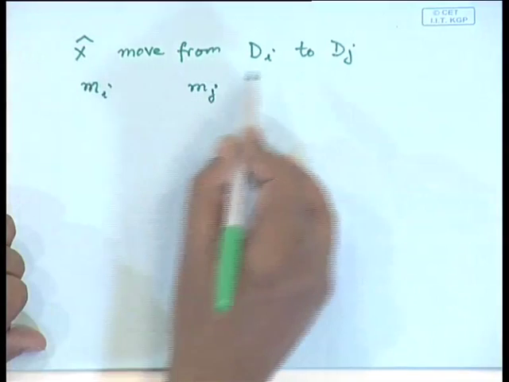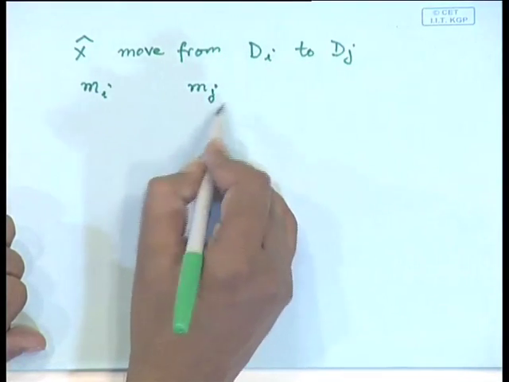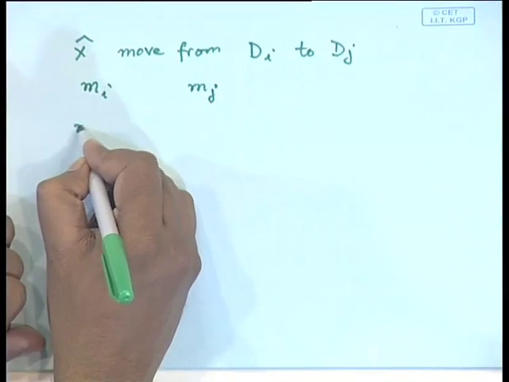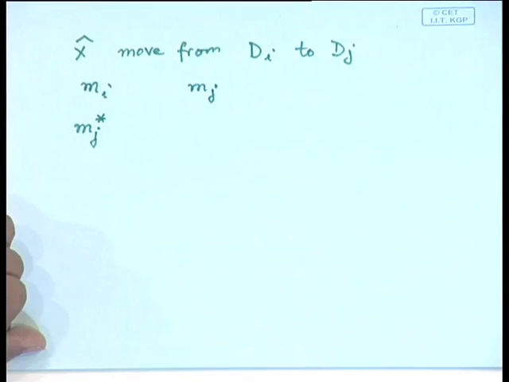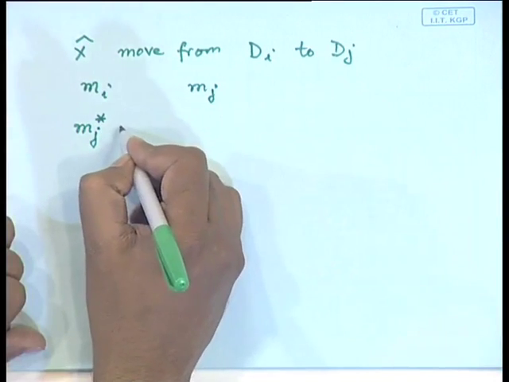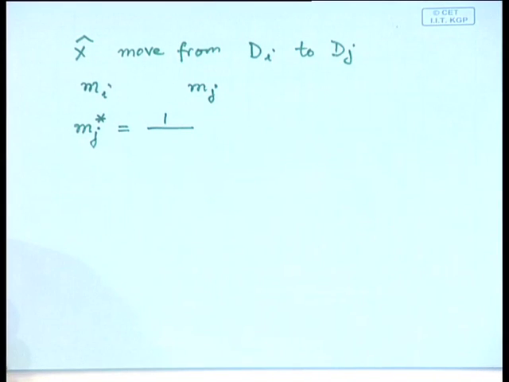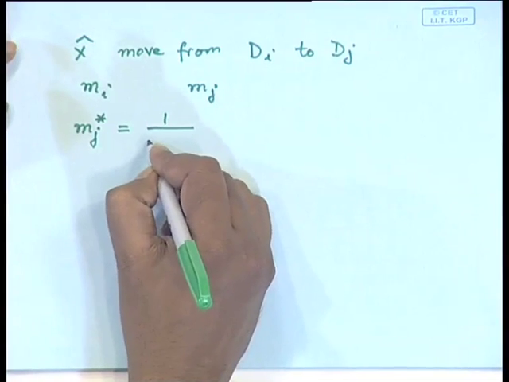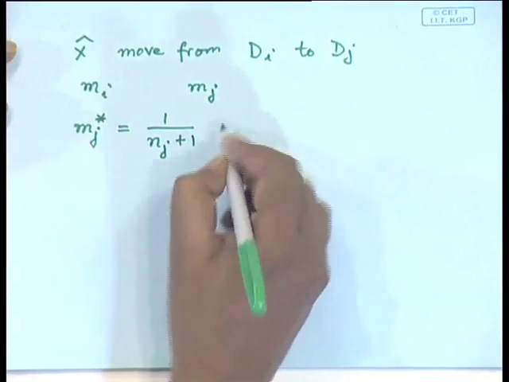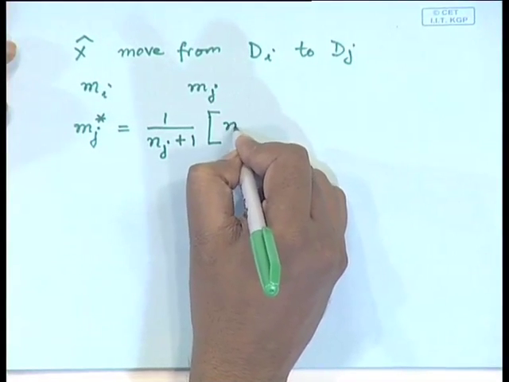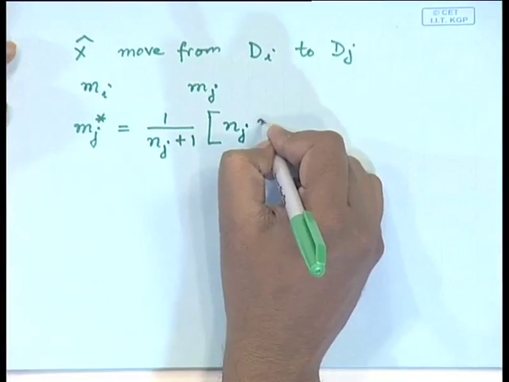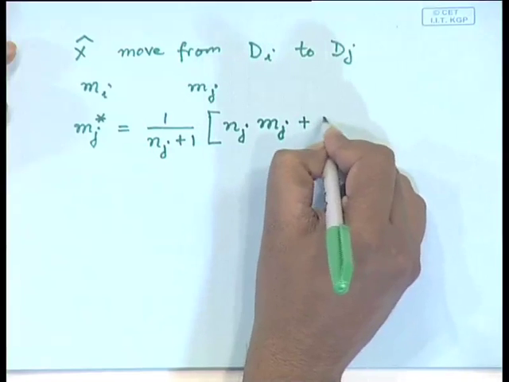So, as I am pushing x hat from the ith cluster to the jth cluster, this mean m_j of the jth cluster will be changed to, let us put it as m_j star, that is the new mean of the jth cluster. Initially, before putting this x hat into the jth cluster, the number of points in the jth cluster was n_j. Okay. As I put this new point into the jth cluster, the number of points in the jth cluster will be n_j plus 1. Okay. So, this will simply be 1 upon n_j plus 1 times the previous number of points n_j into the previous mean m_j, plus x hat.